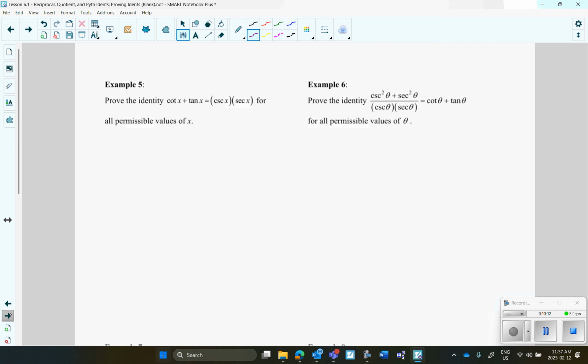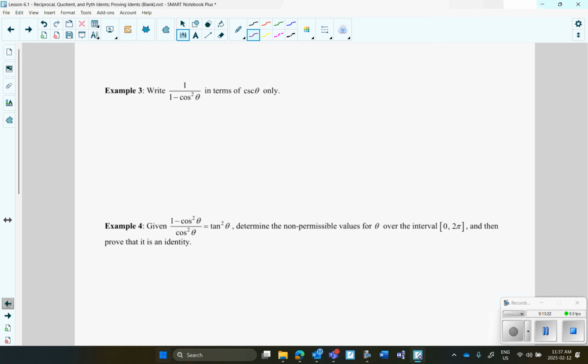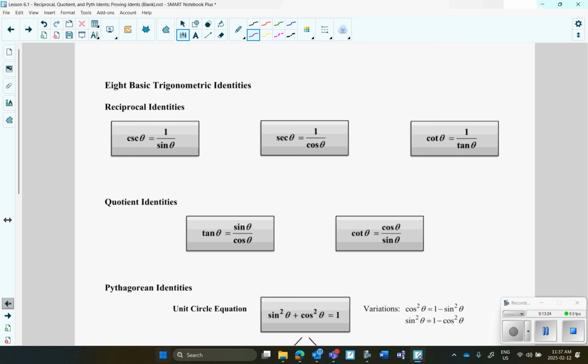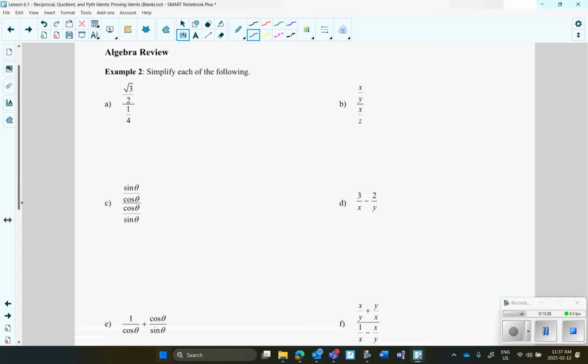So to do stuff like this, and notice this one's even a little bit more complicated. Okay? It's involving fractions and things like that. We got to review some algebra, which is what we're going to do here. We got to review how to divide algebraic fractions, how to add and subtract algebraic fractions, things like that.